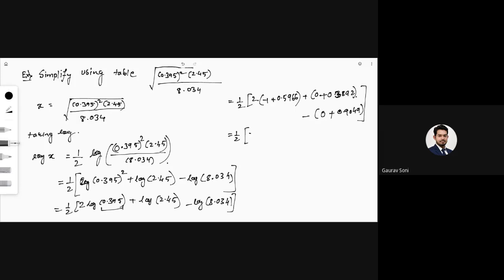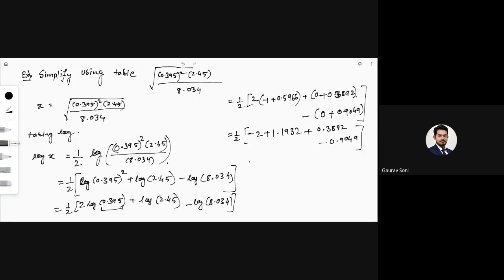So that will be -2 plus, multiply 2 to the 0.5966. That into 2 is 1.1932, plus 0.3892 minus 0.9049. You can do this addition and subtraction here.